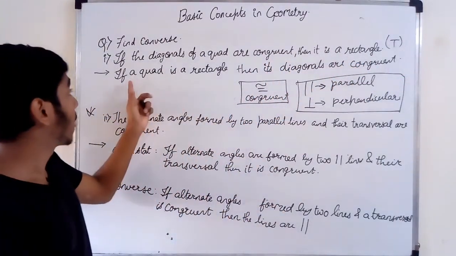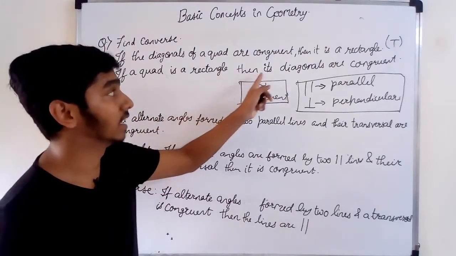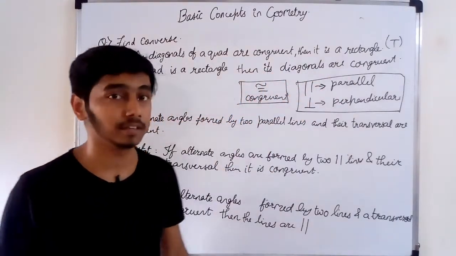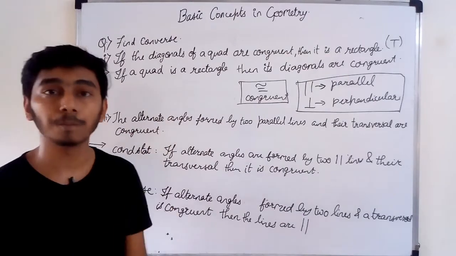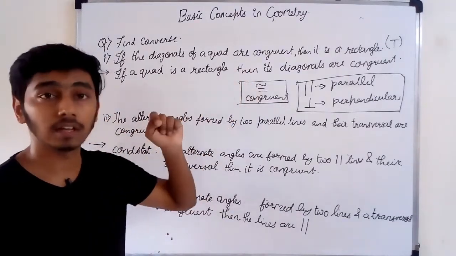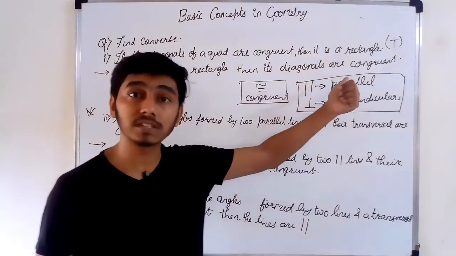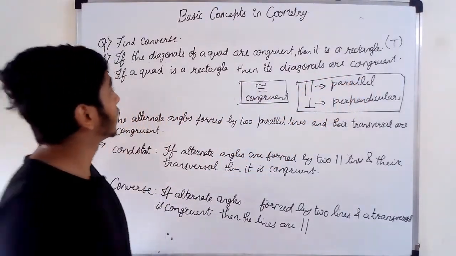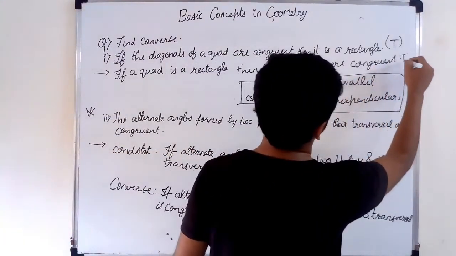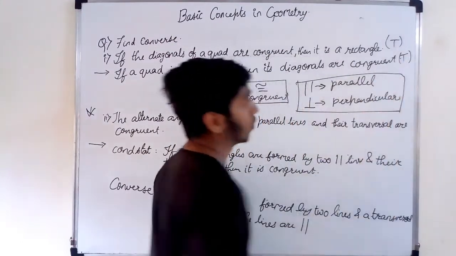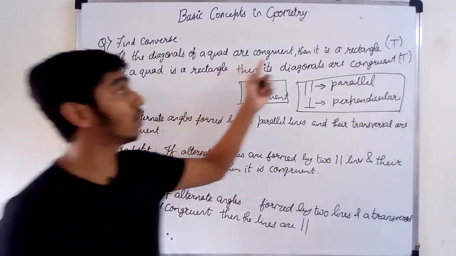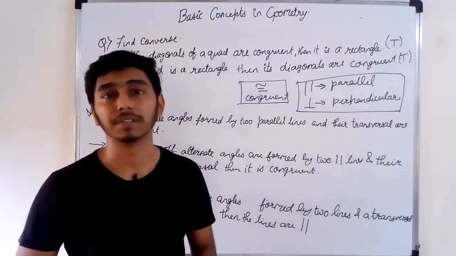Now, if a quadrilateral is a rectangle, then its diagonals are congruent. Can we say that this is true? This is also true, right? So here we found the truth value of statements.